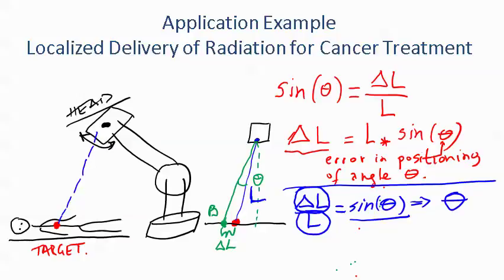In reality, this angle theta relates to the error in measuring the angle. So we can say the capability of this robotic equipment that carries the head, or the capability of rotating the head, must be such that theta is less than the original theta, let's call it theta maximum.